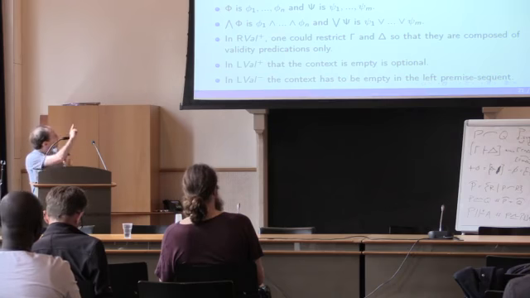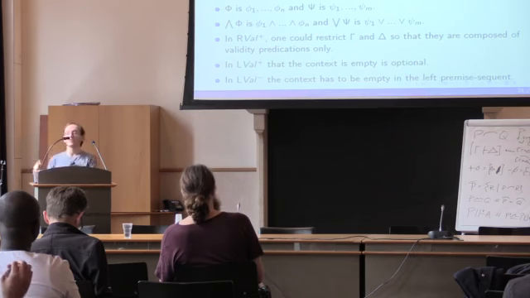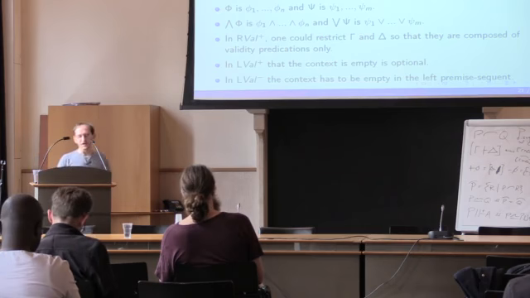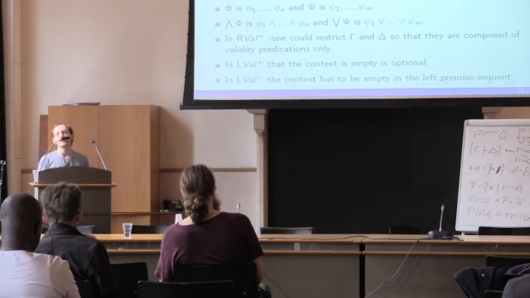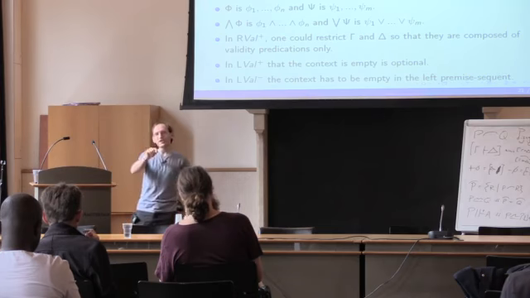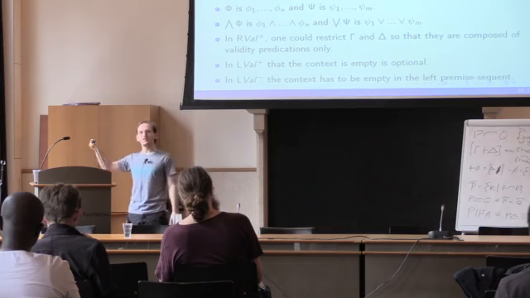In the rule on the top left, which is the rule one uses to introduce validity on the right of the sequent arrow, what's normally done is to restrict gamma and delta so that they are composed of validity predications only. This is to avoid certain unwanted sequents, like from P it follows that the argument from Q to P is valid.